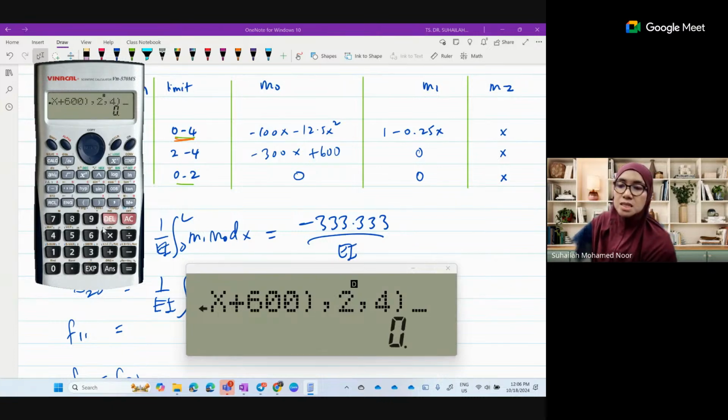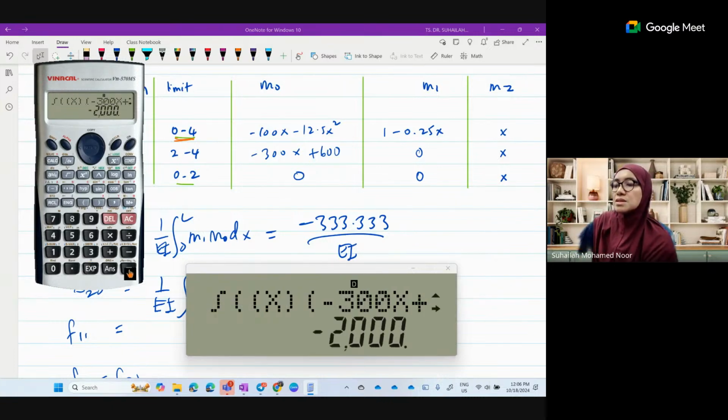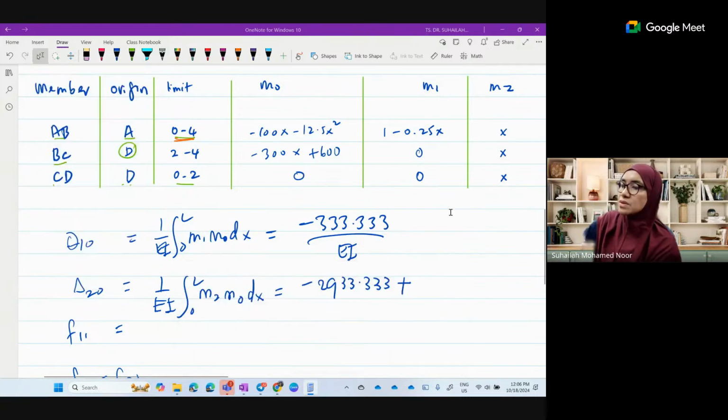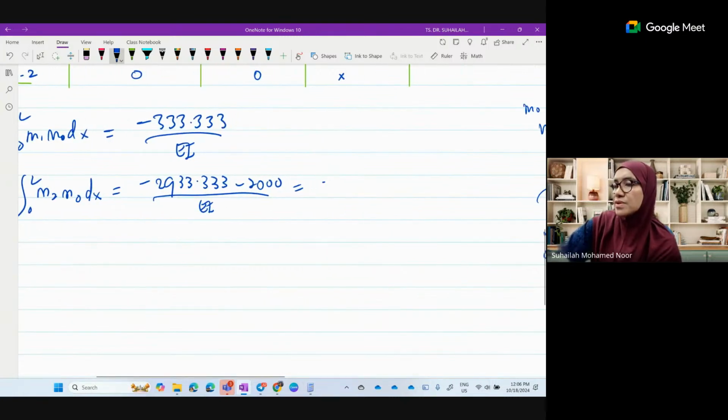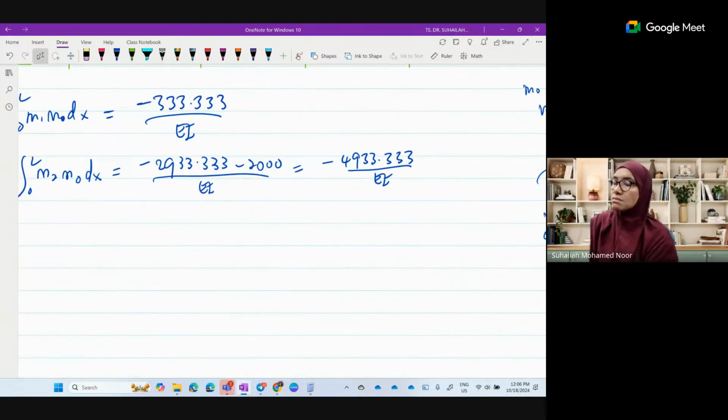Okay? Negative 2000. Negative 2000. So sini tambah tolak lah 2000. So yang ni, so dia negatif 933.333 over EI. Okay, can you continue?